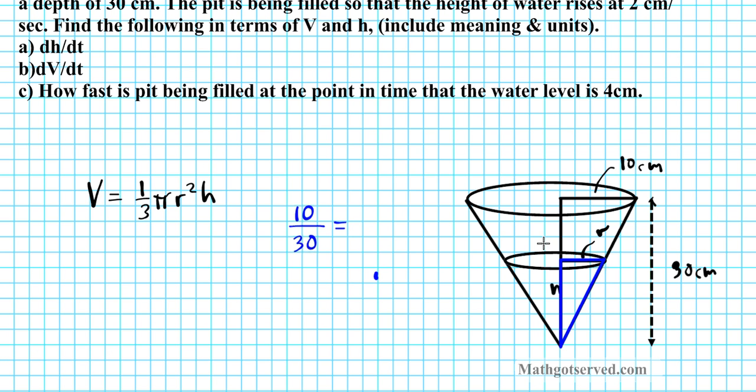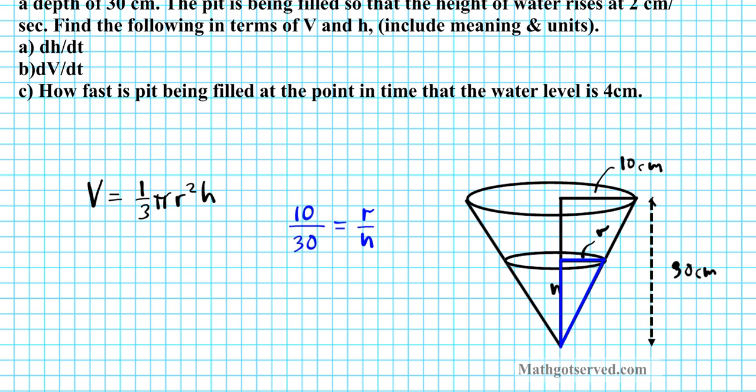the dimension that corresponds with the radius of the main cone is the radius of the base of the little triangle. Okay, so this side right here is R, goes on top, and we have R over the height. Okay, because this height corresponds to the height of the cone. We know that from geometry, if you have two similar triangles, corresponding sides are in proportion.